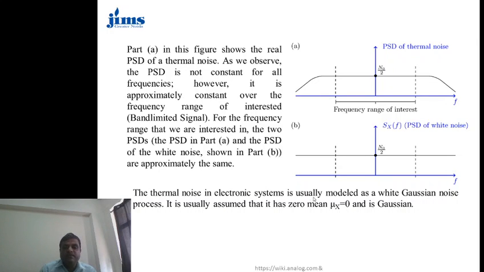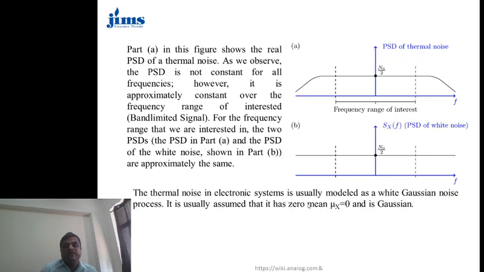The thermal noise in an electronic system is usually modeled as a white Gaussian noise process, and it is assumed to have zero mean and Gaussian distribution. This is the probability density of thermal noise, and it actually represents white noise because in this particular frequency interval its value is constant.